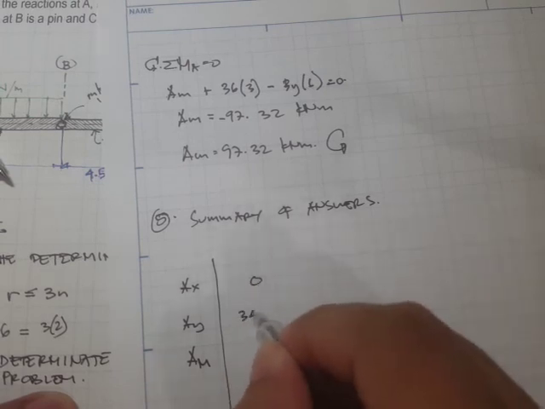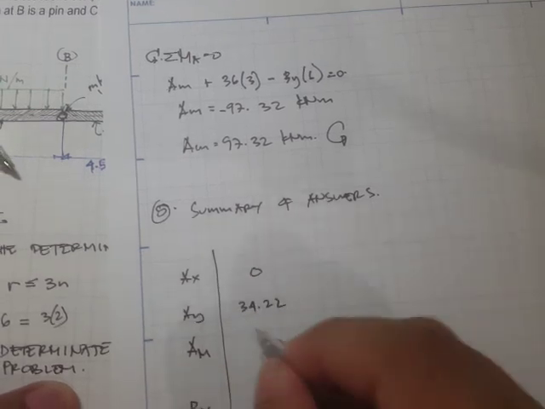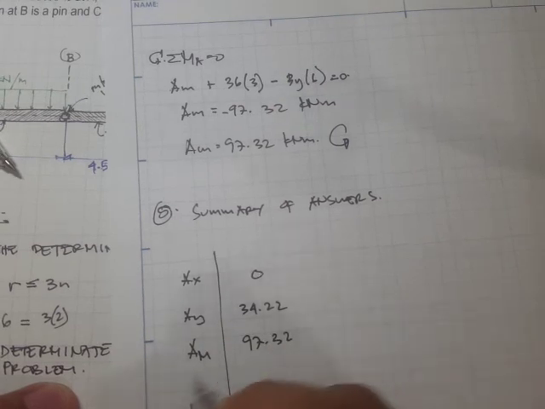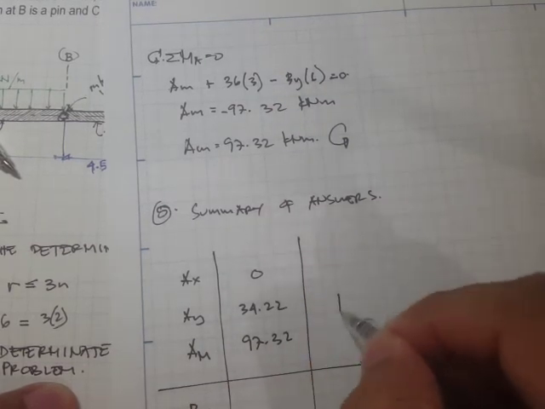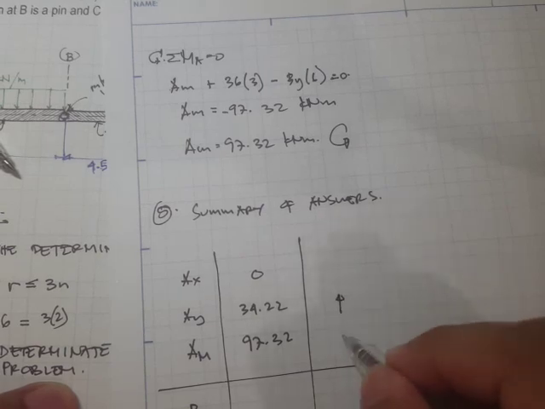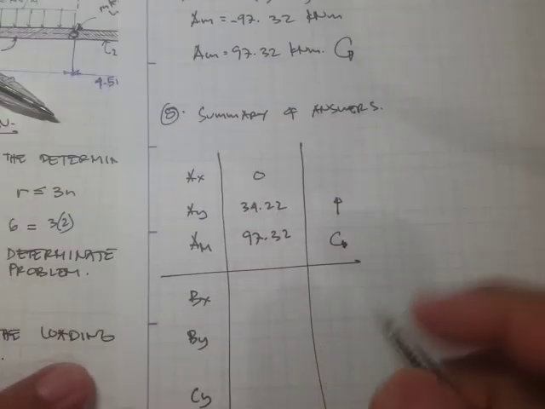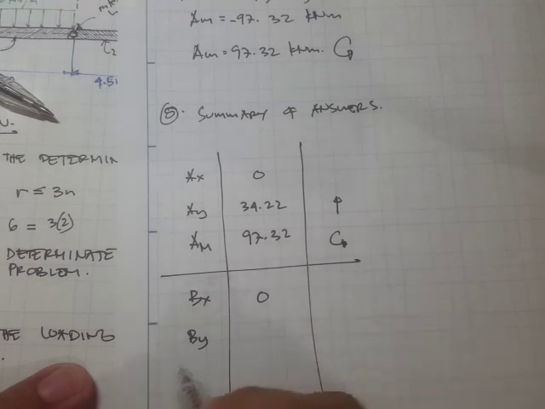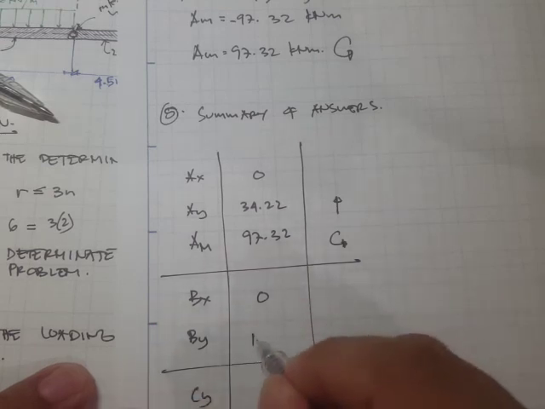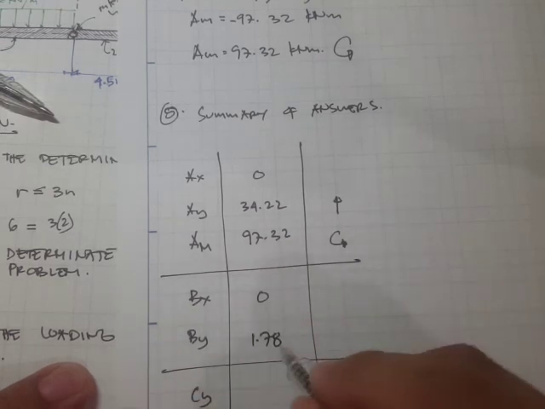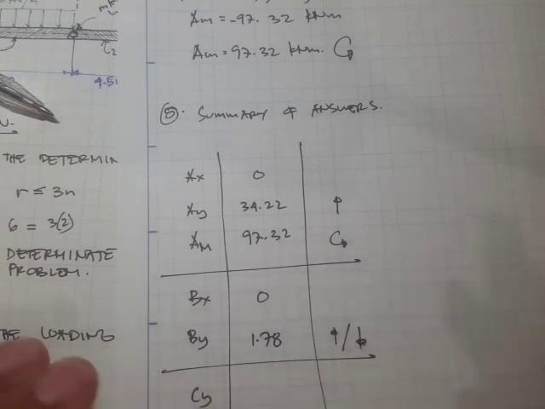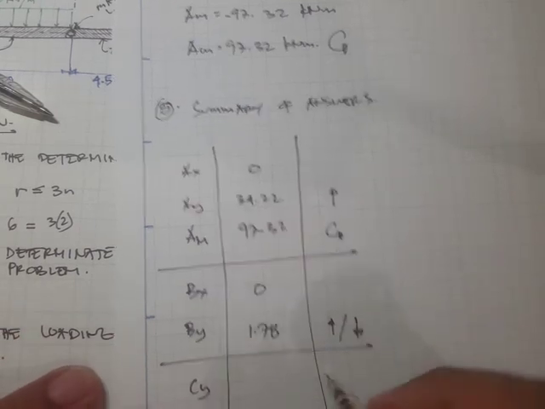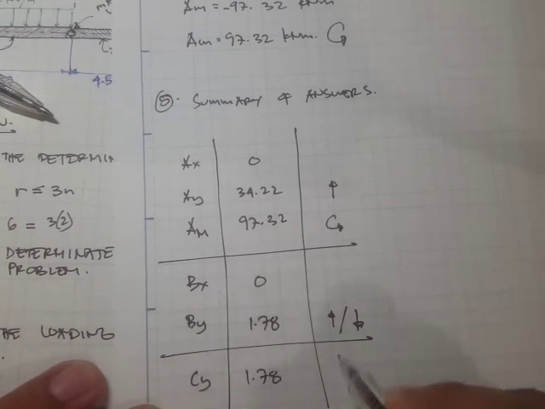The Ay is 34.22. This one is 97.32. But what's the direction? This one is upward. This one is counterclockwise, and Bx is 0. By is 1.78. But the direction depends upon which member you are talking about. So 1.78, this is upward.